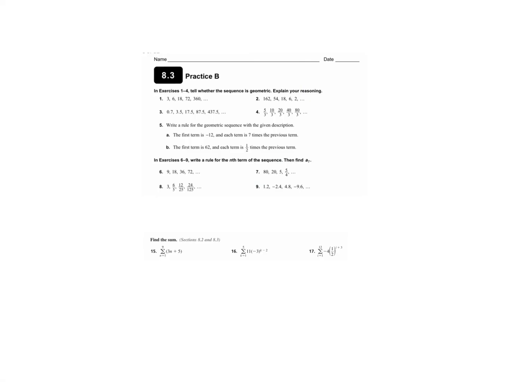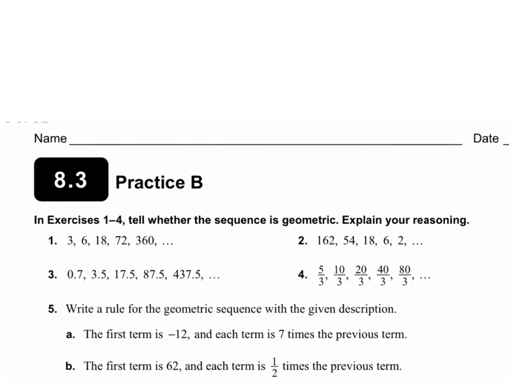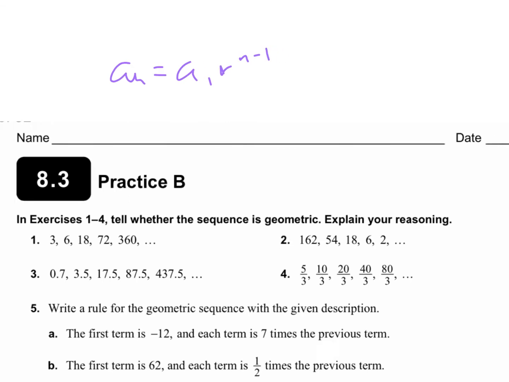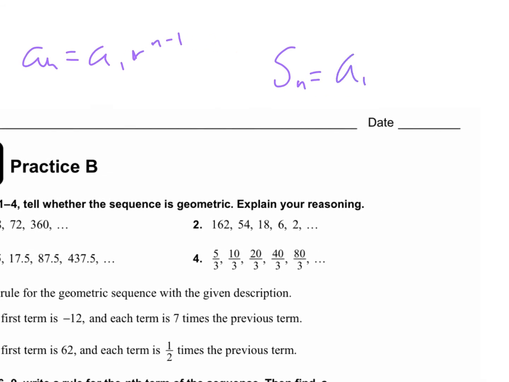And so let's look at number 1. We have to tell whether the sequence is geometric. In geometric, we have two new formulas. That is a sub n is equal to a sub 1 times r to the power of n minus 1. That's our general rule. And then we also have our sum, which is s sub n is equal to a sub 1 times 1 minus r to the power of n over 1 minus r.